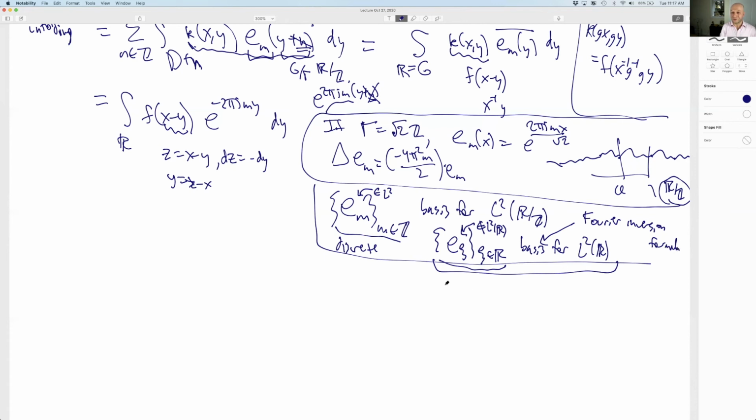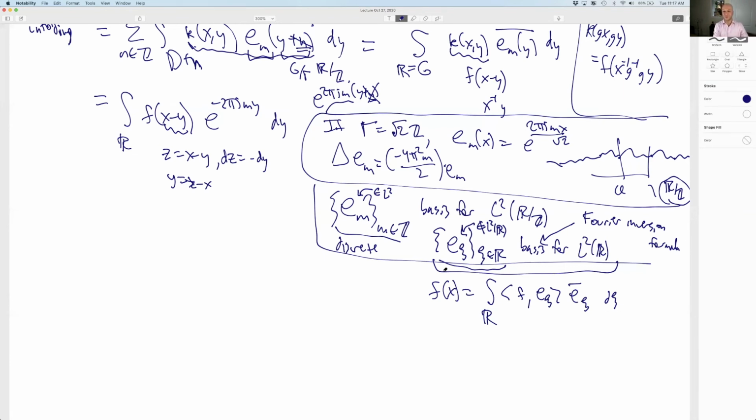What are you doing when you do Fourier inversion? f of x is equal to the integral over the spectrum, and the spectrum is R, of the inner product of f with e_xi times e_xi bar, d xi. It's exactly the same idea, except now instead of a sum, you have an integral.